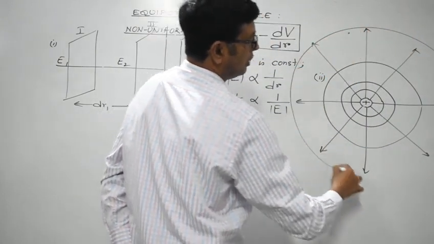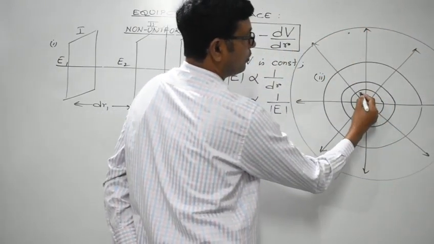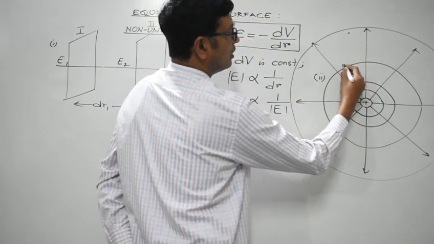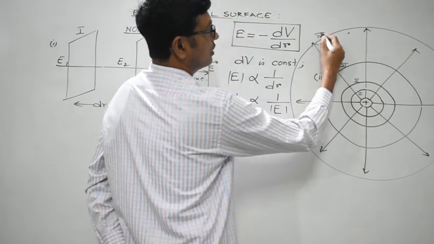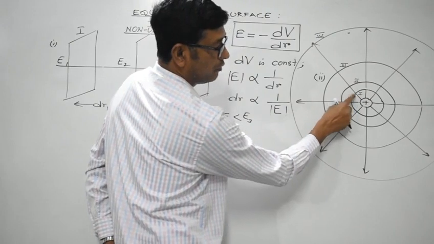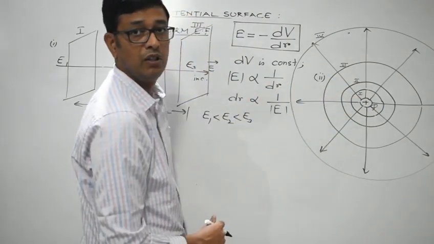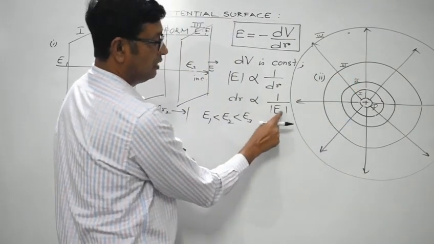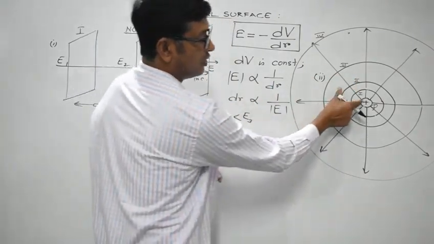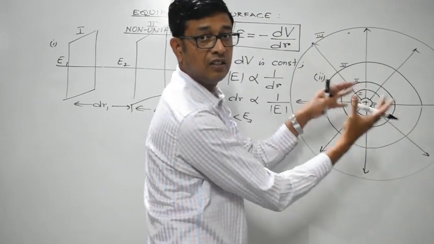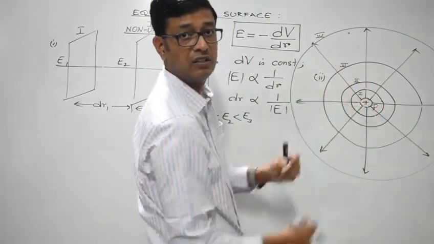These are the four equipotential surfaces. This is the first equipotential surface, this is the second one, this is the third one, and this is the fourth one. Now look, here, which is much closer to the source charge, the strength of the electric field is maximum. So here E is greater, so dr would be less. The separation between the equipotential surfaces is very, very small. They are crowded.